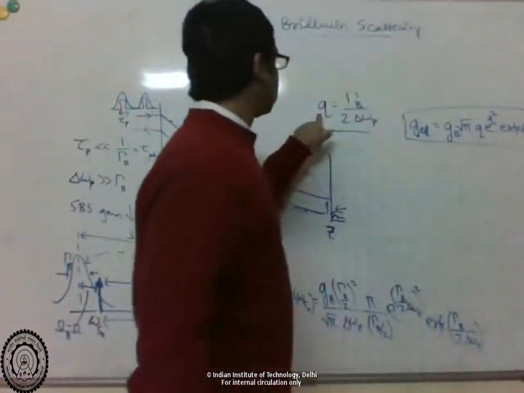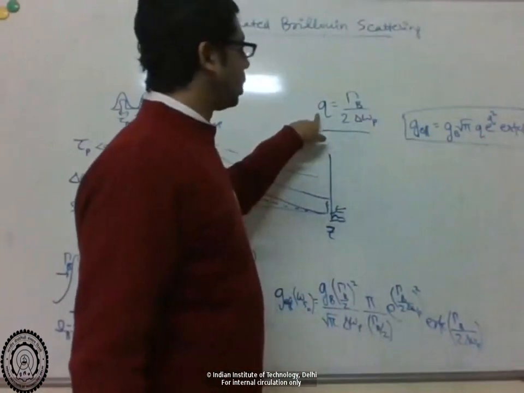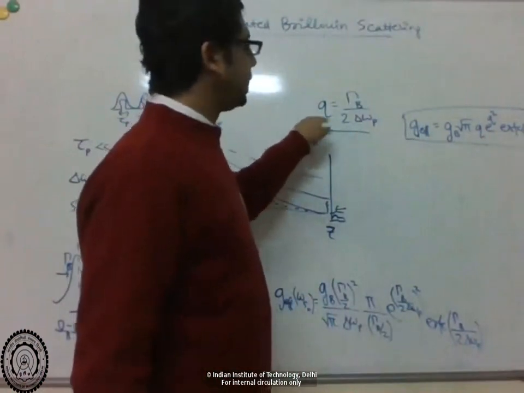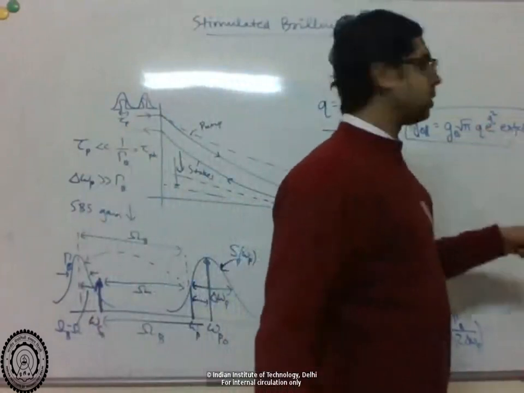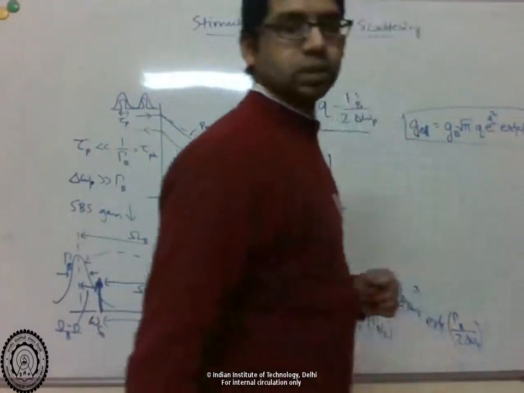So we want smaller Q. As Q goes down, each of these factors goes down, and so my effective gain decreases.